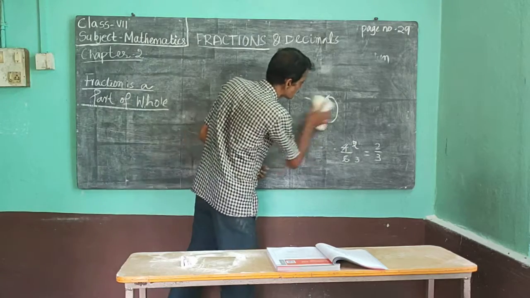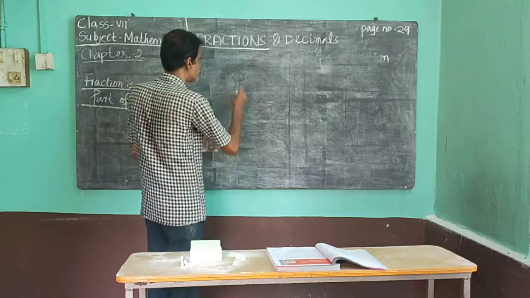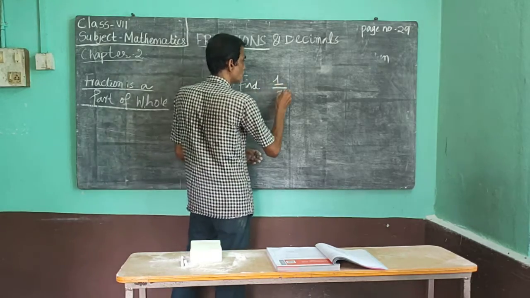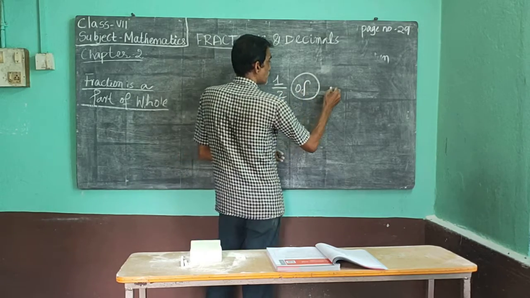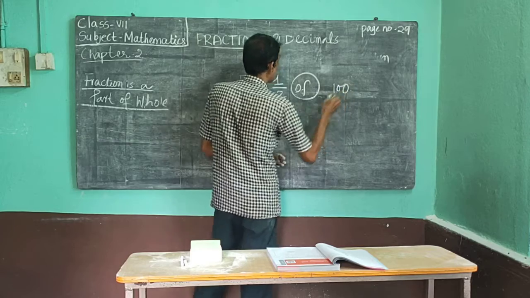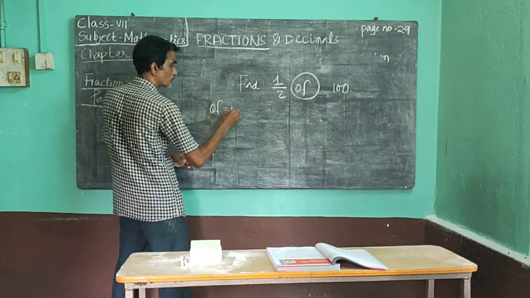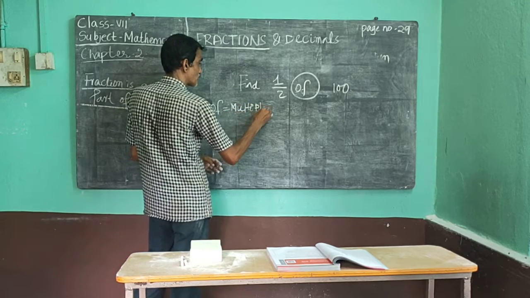So sometimes a question like this will come, how to solve, I am showing. Find 1 upon 2 of 100. How to find out? So please remember, of means multiplication. Of means multiplication.